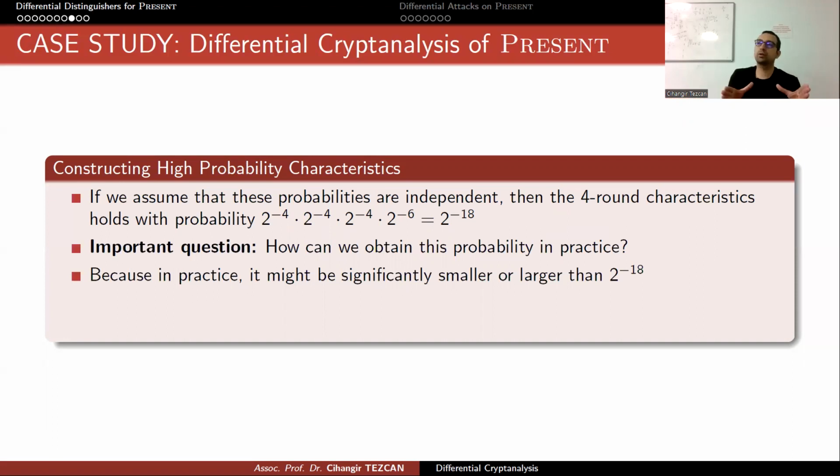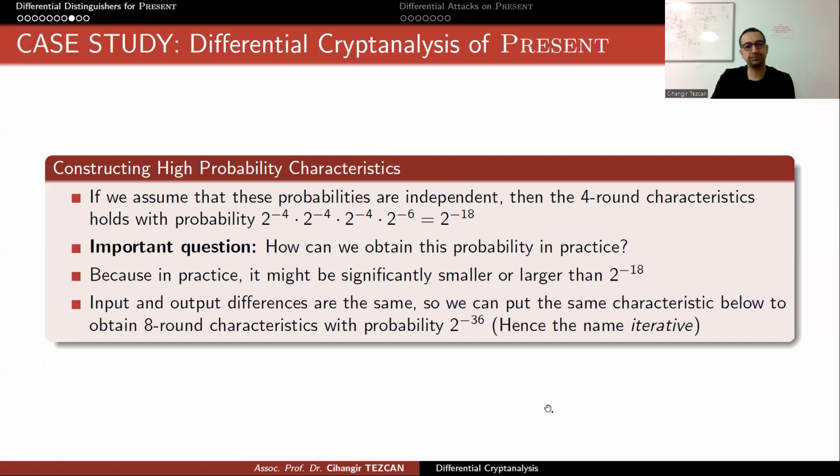But if you look at shortened versions of it, those experiments might give you a better idea. And in the literature, we actually corrected many wrong attacks when we tried to verify them experimentally. So experiments are really important for cryptanalysis.